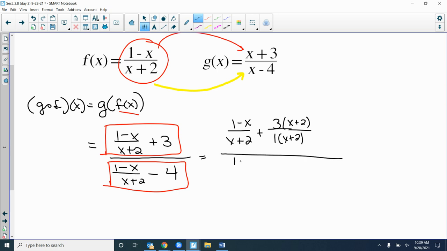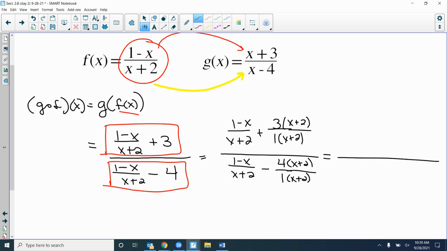I got a 1 minus x over x plus 2 minus 4 over 1, basically introducing an x plus 2 to the bottom of the top. Okay, I got my big fraction.